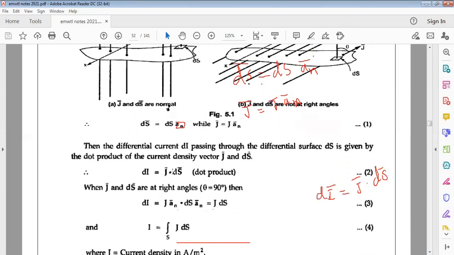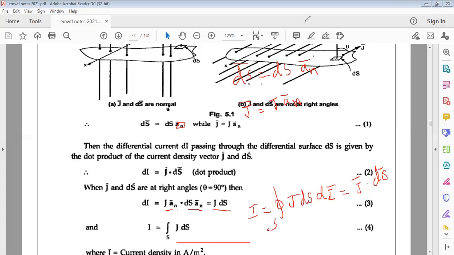We know di is equal to J bar dot ds bar, where J bar is J into an bar, the magnitude J and direction an bar, and ds bar is equal to ds into an bar. Now, an bar dot an bar is equal to 1, so di is equal to J into ds. Applying the integral on both sides, integral of di is I, and I is equal to the surface integral of J ds.